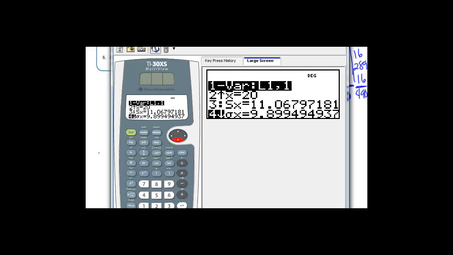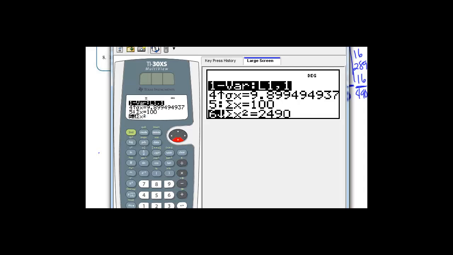And then now what we used was a sample standard deviation. The second one is another kind of standard deviation that uses a population instead. We'll be using this that's S sub x there. And then there's some other things, the sum of all the x's, some things that we don't cover in this course, but if you keep on scrolling down, you'll see quartile 1.